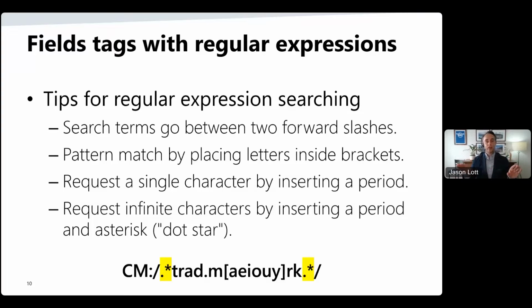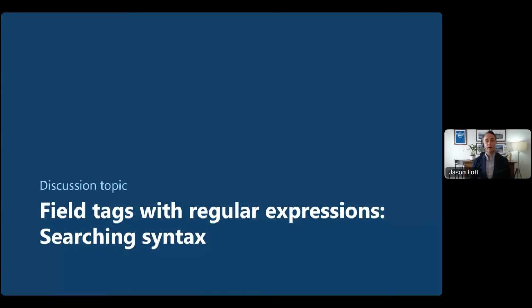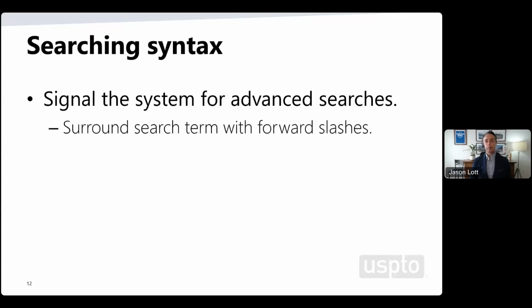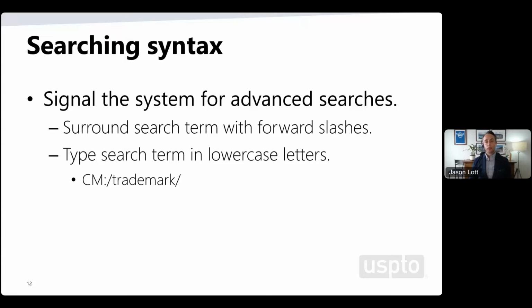That was a lot. That was a quick intro. Now we're going to go deep, okay? What we're talking about here is the syntax that you use to tell the system, okay, now I want to go into the multiverse. So you signal it by putting the search term inside forward slashes. What you've already learned about field tags is you do CM colon, and then you put in the basket the word trademark, or it could be any word that you want to search.